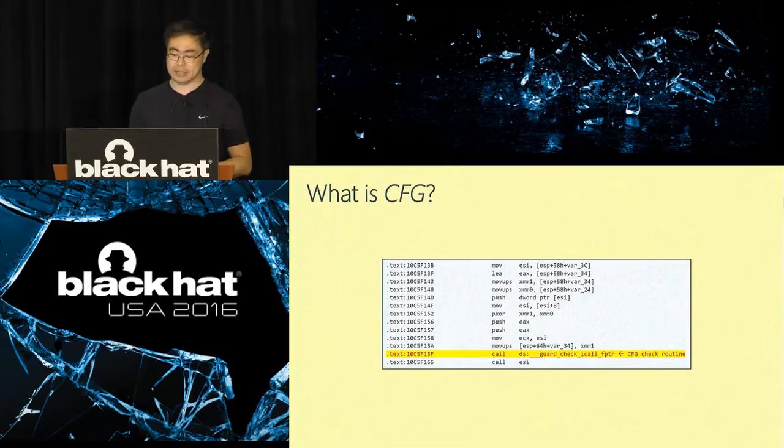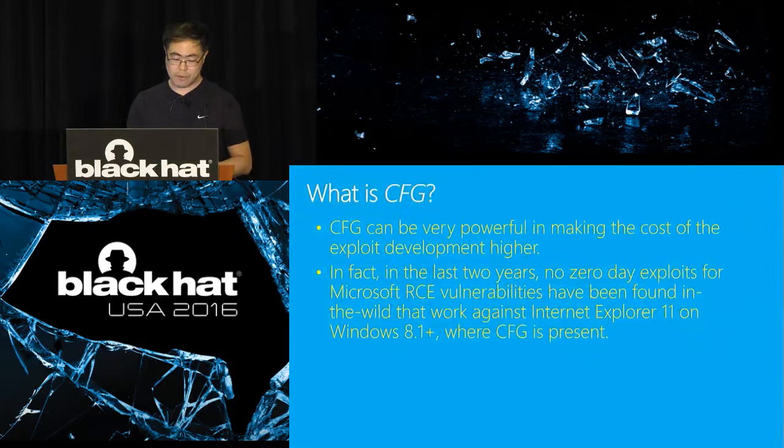It's just whitelisting, but for the last 2 years, no zero-day exploits for Microsoft RCE vulnerabilities found in the wild have worked against IE11 on Windows 8.1, where CFG was present. So when you enable CFG, even though they found some vulnerabilities, they couldn't make working exploits from the bad guys' side, actually.